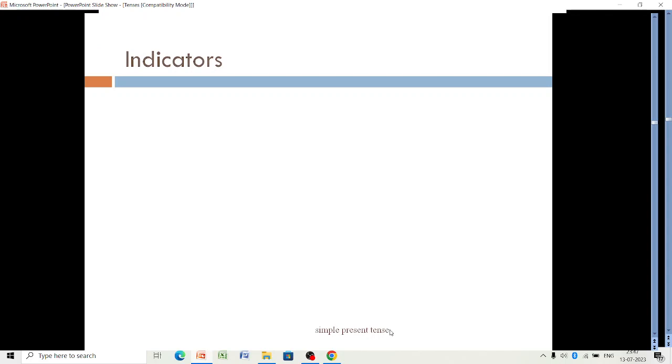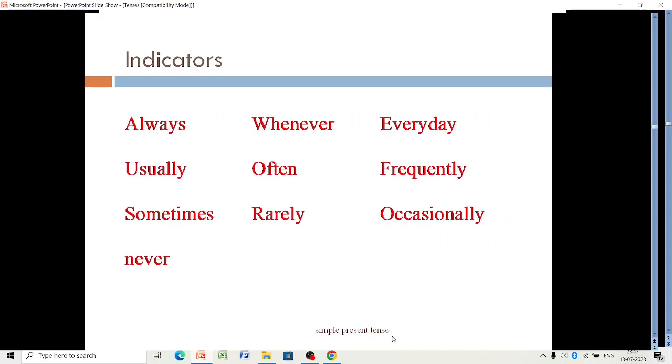And there are certain indicators that help us to identify that a particular sentence is in simple present, and we can also use those indicators to indicate that a particular sentence is in simple present. We'll see those indicators. Look at this. In simple present we use always. He always comes to class in time. Usually.